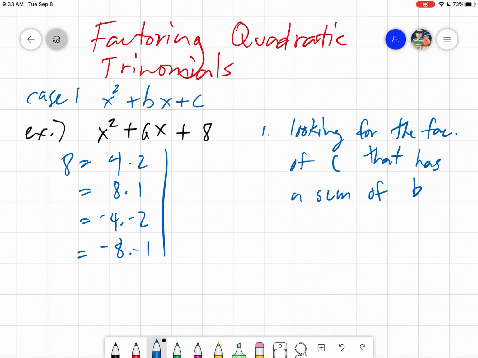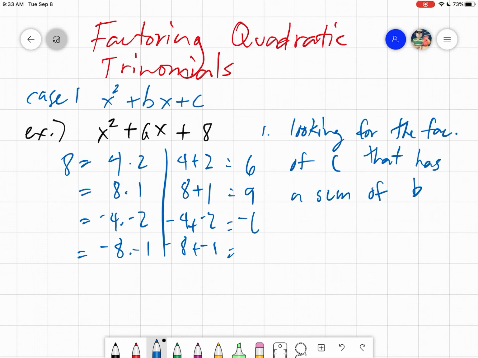So let's now try to add. You look for the factors of 8 that, when you add, the answer is b. And our b, take note, is positive 6. So let's have 4 plus 2, 8 plus 1, negative 4 plus negative 2, negative 8 plus negative 1. You will add them.